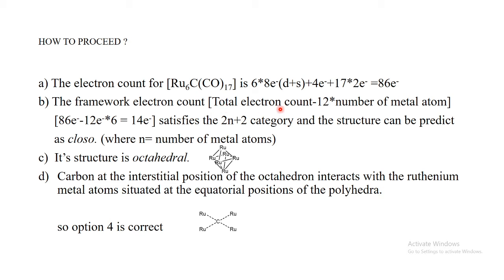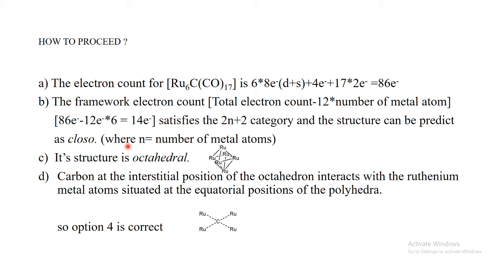The total electron count in this organometallic cluster is 86 electrons. So we have 86 electrons minus 12 into the number of metal atoms. We have 6 ruthenium atoms. So 12 electrons into 6 gives 72 electrons. So 86 minus 72 will be 14 electrons.